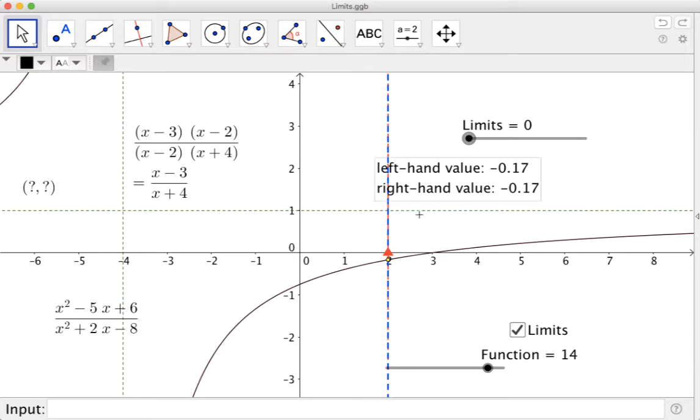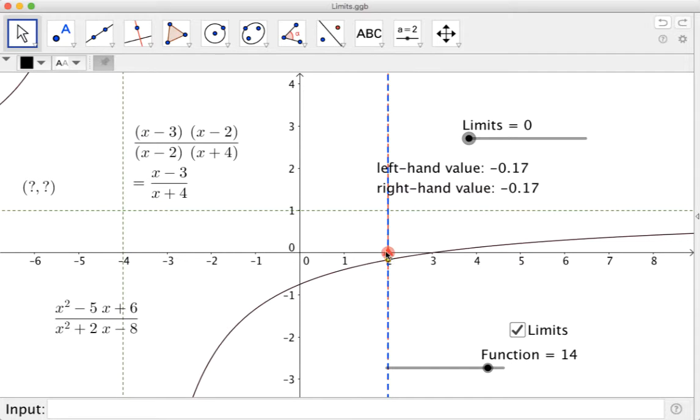The reason is that at x equal to 2 the function's not defined, but when x is a little bit above or below 2, these two factors cancel out. (x - 2) divided by (x - 2) cancels, leaving us with (x - 3) over (x + 4). Evaluating that at x equal to 2 gives us negative 1 over 6, or about negative 0.16666.